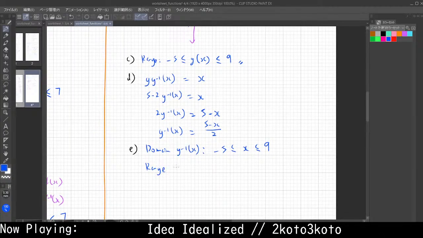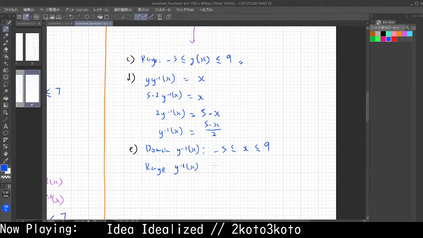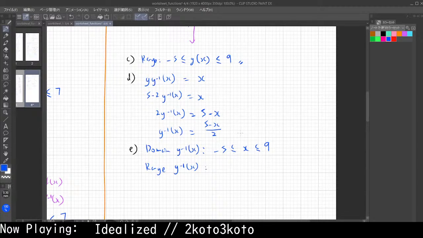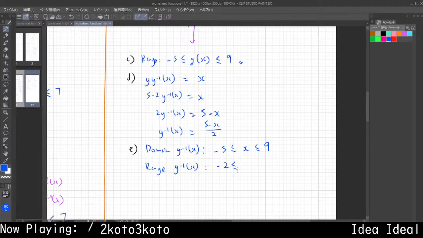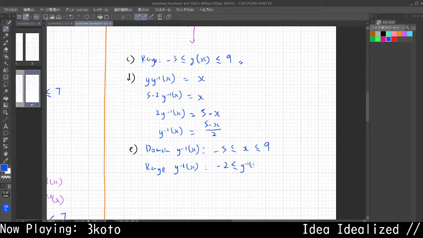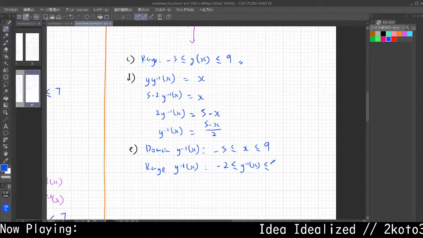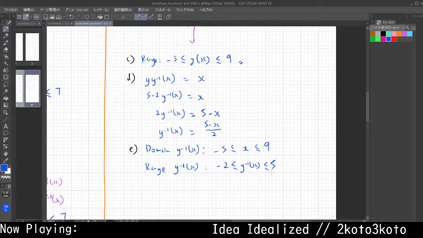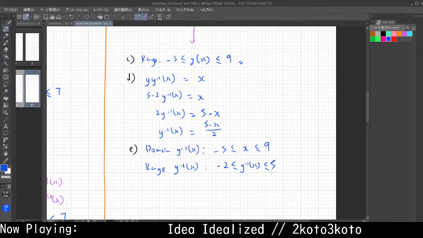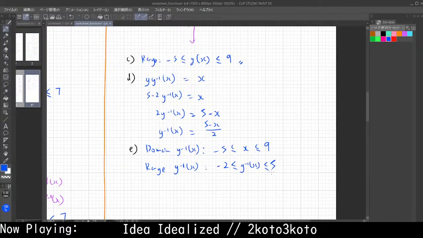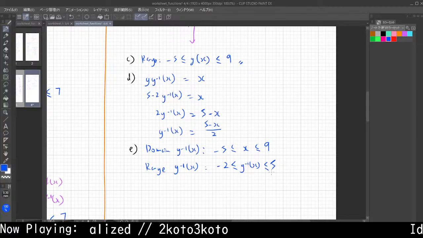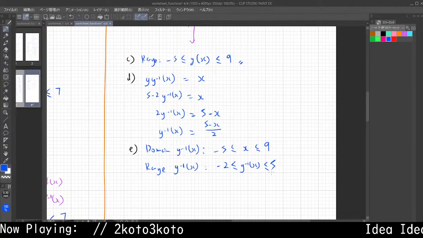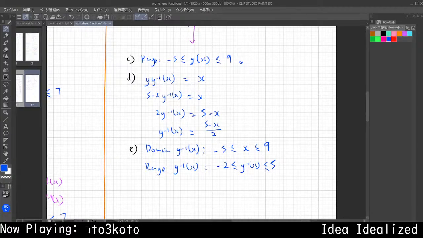The range of g inverse will be equal to the domain of g(x). So we have now settled the domain and the range of the inverse function g inverse, and we have settled this question. Okay, onward to the next.